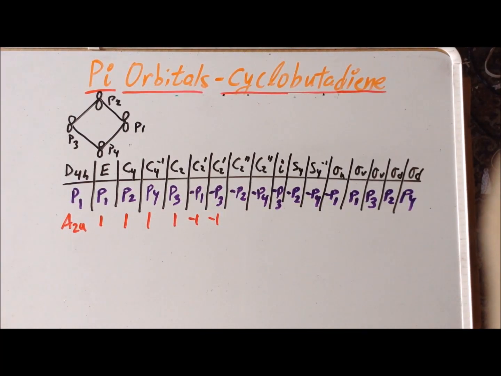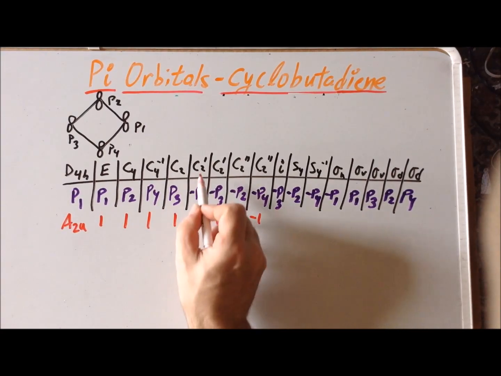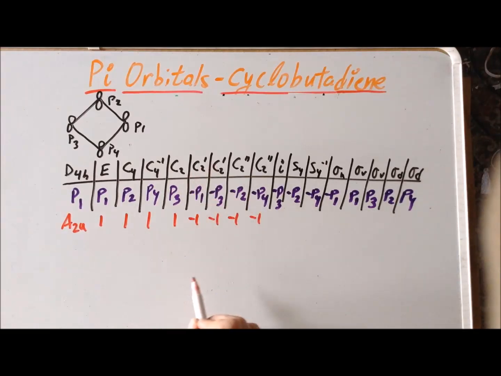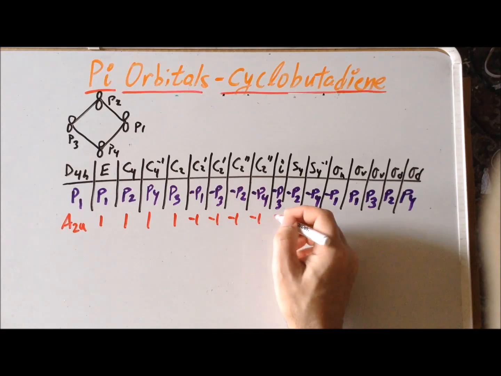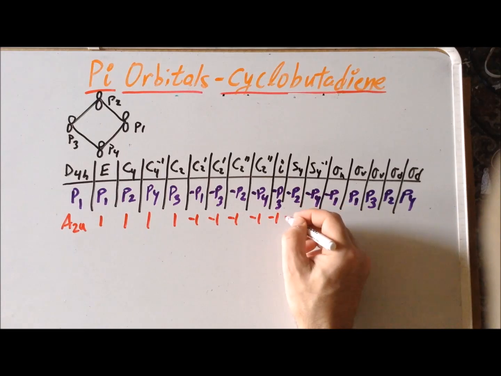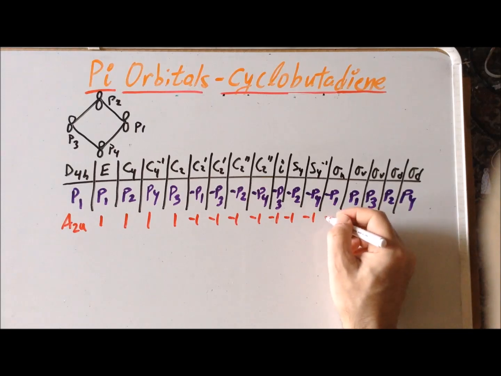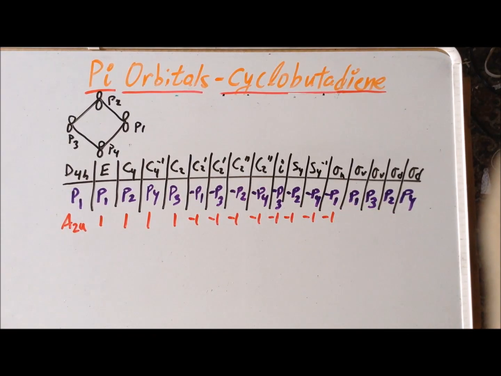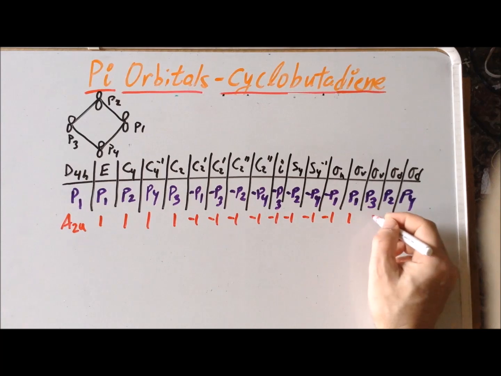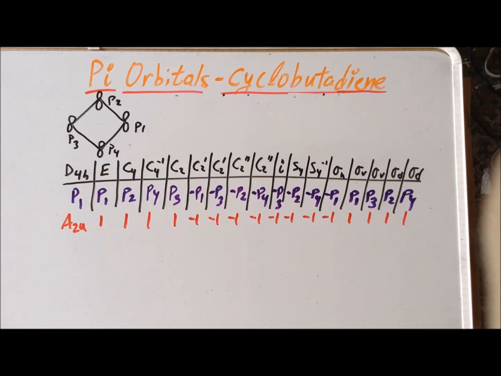The characters for C2 double prime are also -1. So be sure that you include the character for each of the symmetry operations in that particular class. For the inversion, the character is -1. For the S4s, the characters are -1s. For the horizontal mirror, the character is -1. The characters for sigma V's are each +1s, and the characters for sigma D are also +1. So that is A2U.